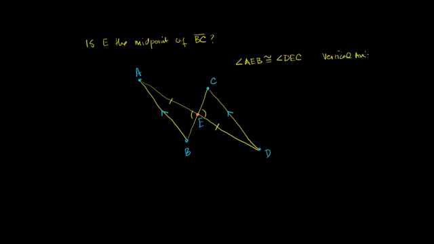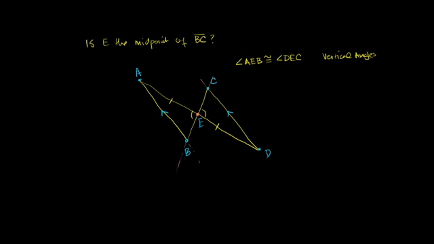Now we know that AB and CD are parallel. So this line right over here is a transversal. And there's actually several ways that we can do this problem, but let me just continue the transversal so we get to see all of the different angles.